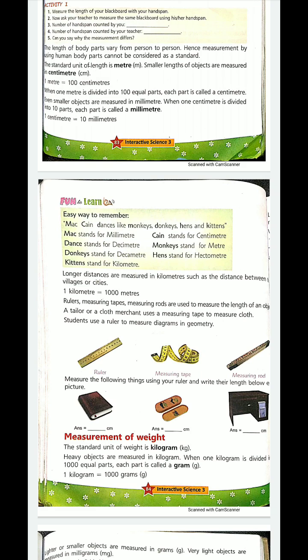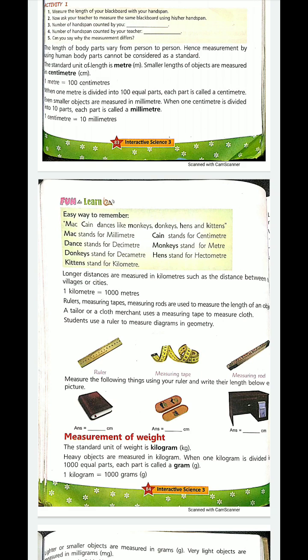Longer distances are measured in kilometer. Small things are measured in centimeter, very small in millimeter. Then a little longer, like you have read in the maths regarding the measuring of distances, then height and all.